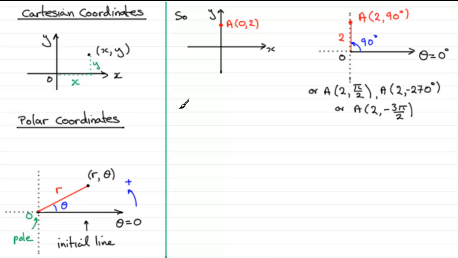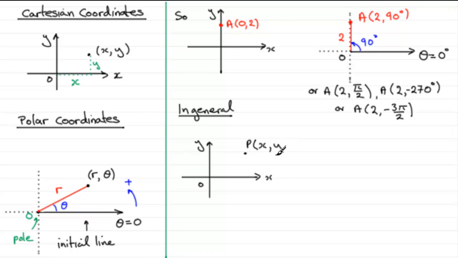So what's it like in general when we look at any particular point? Well, in general, if we've got our Cartesian set of axes, and we label them x and y, with our origin here, then suppose we've got a point P with coordinates x, y.